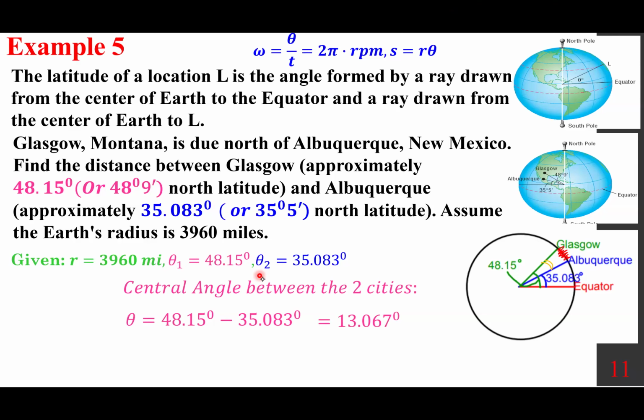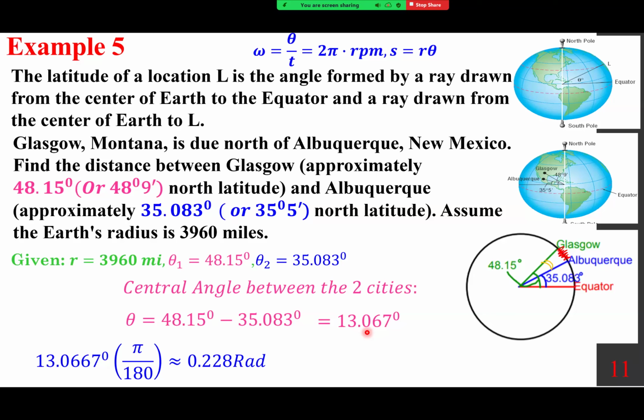So S equals R theta. You have the R, close to 4,000 miles. We have the theta, but we have to write it as radians, so we have to multiply this one by pi over 180. It must be in radians.